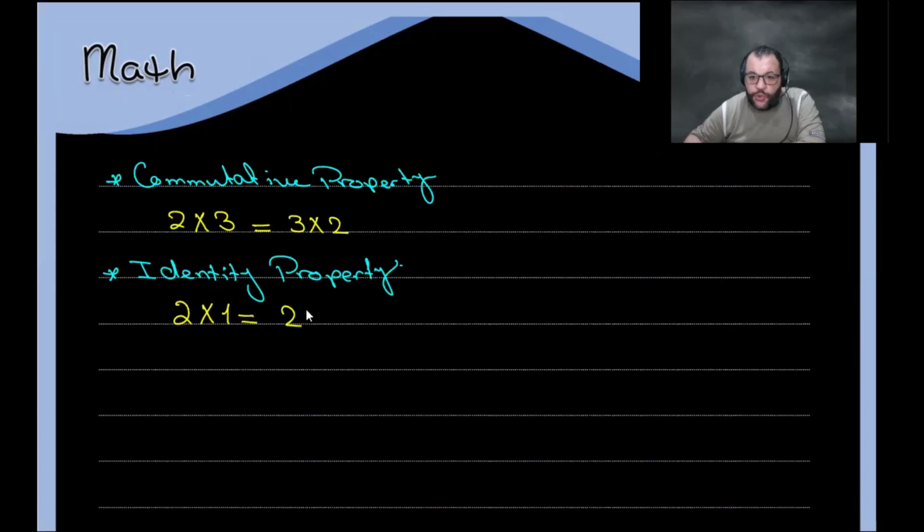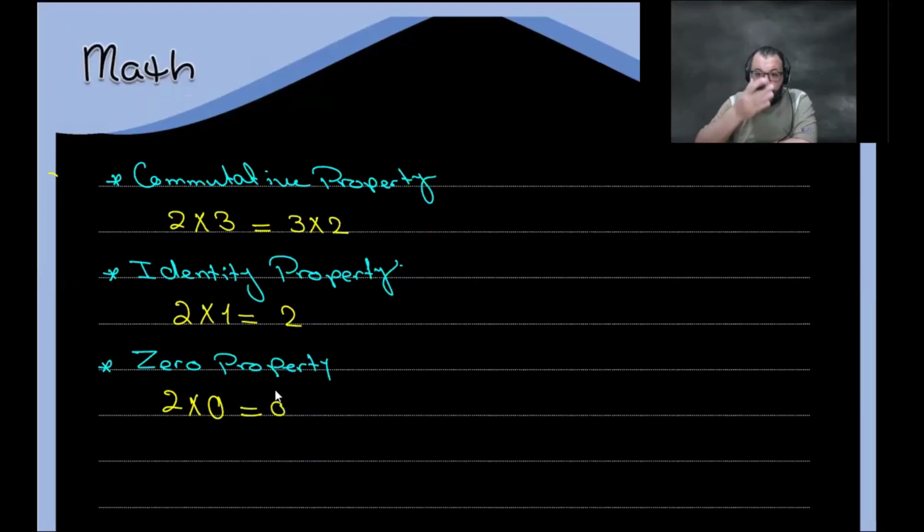It means 1 is not changing anything in multiplication. The third property that we have for multiplication is the zero property. What is the zero property? If you multiply any number by 0, the result will be 0. Like 2 times 0, the answer will be 0.